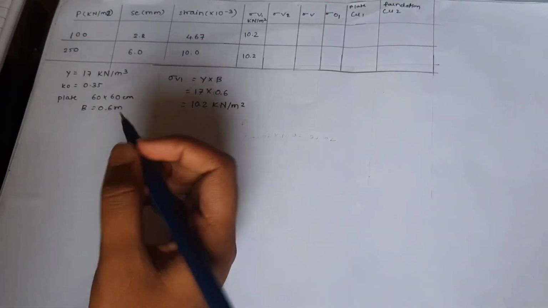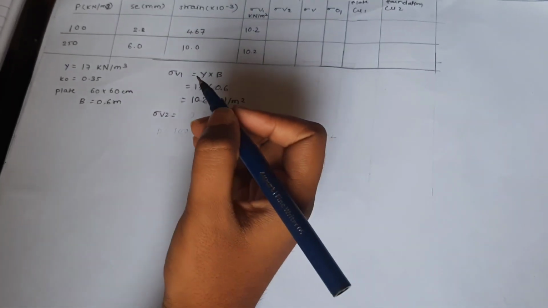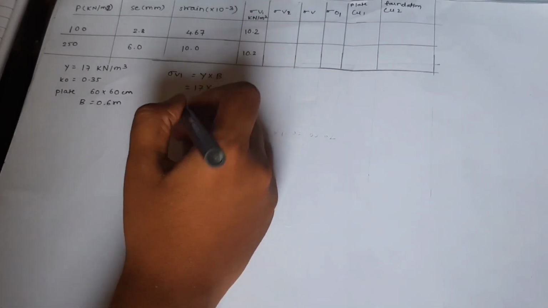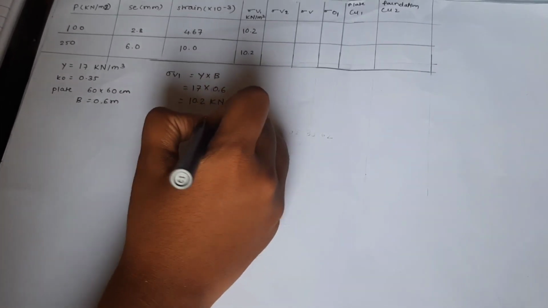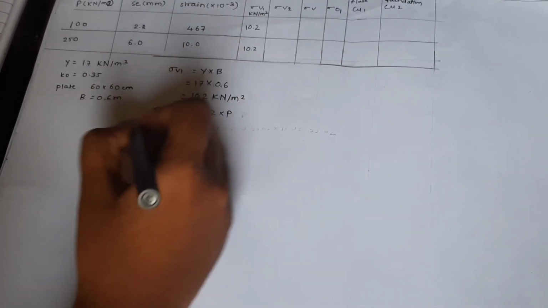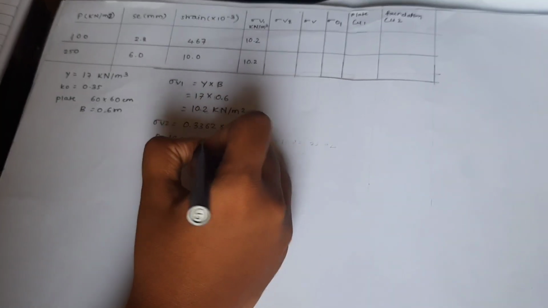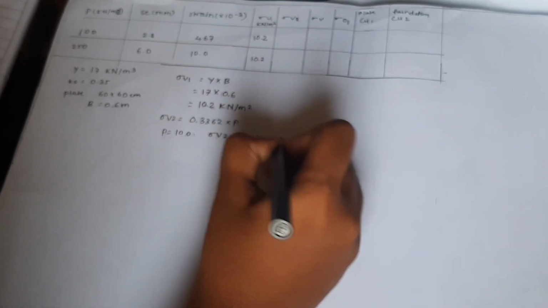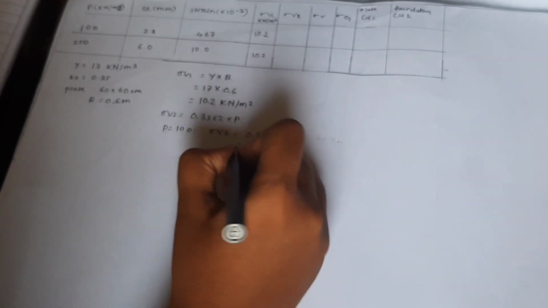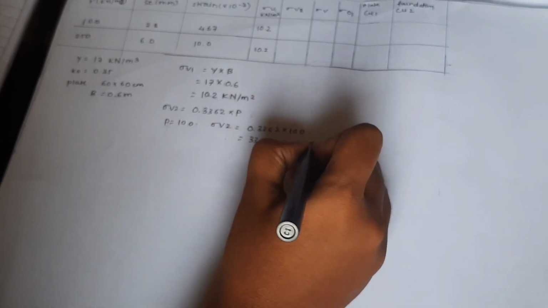Now to calculate sigma V2. Sigma V2 is calculated by using the formula which is given in the problem, that is 0.3362 into P. So for the first case, the P is given as 100. So therefore sigma V2 is equals to 0.3362 into 100, which is equals to 33.62 kilonewton per meter square.